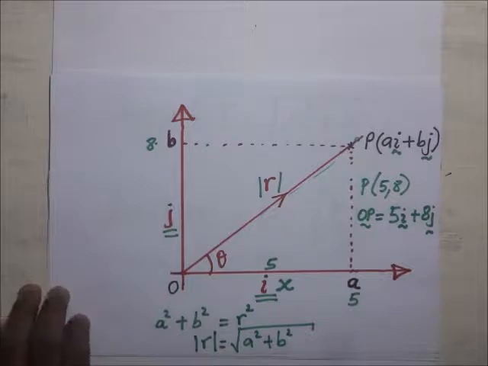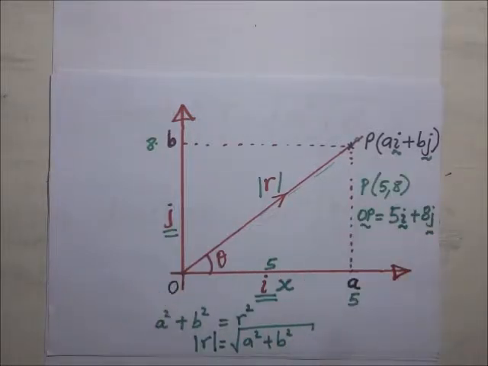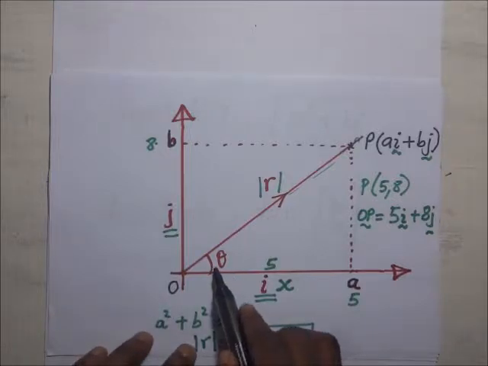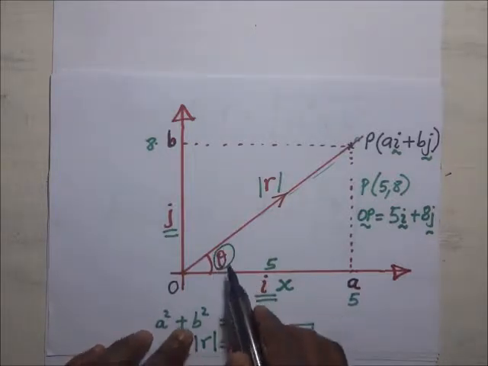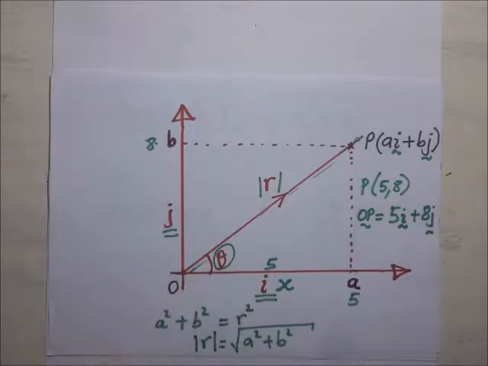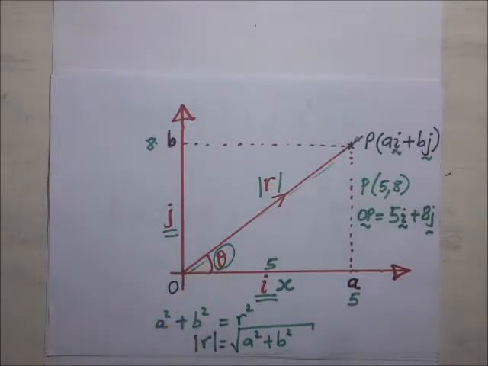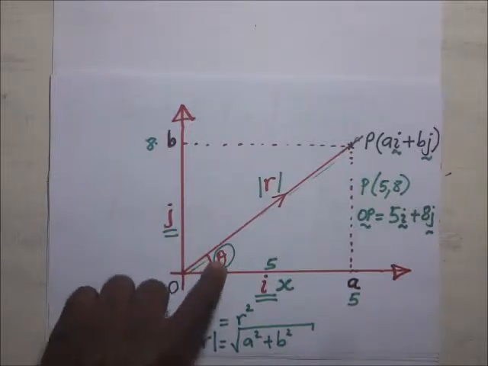Now when it comes to finding the direction of this vector, it simply means that we are tasked to find the angle between the vector and the horizontal. Here we are going to use one of our trigonometrical identities. To get the value of theta, we can use the tangent of that angle.